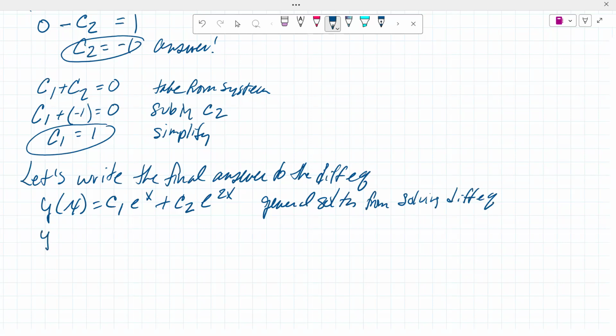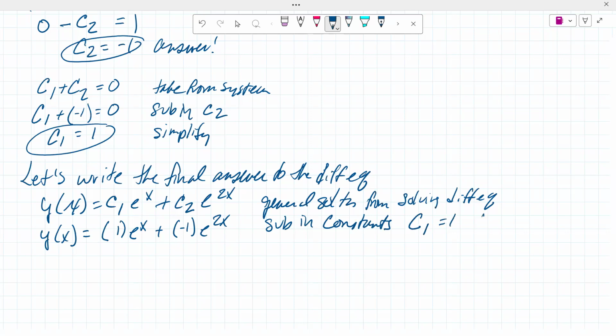Now the next one, y of x equals, now substitute in your c values. What's C1? 1 e to the x plus, what's C2? Minus 1 e to the 2x. This is sub in the constants, which we got up here. C1 equals 1 and C2 equals -1, which were the boundary condition solutions.